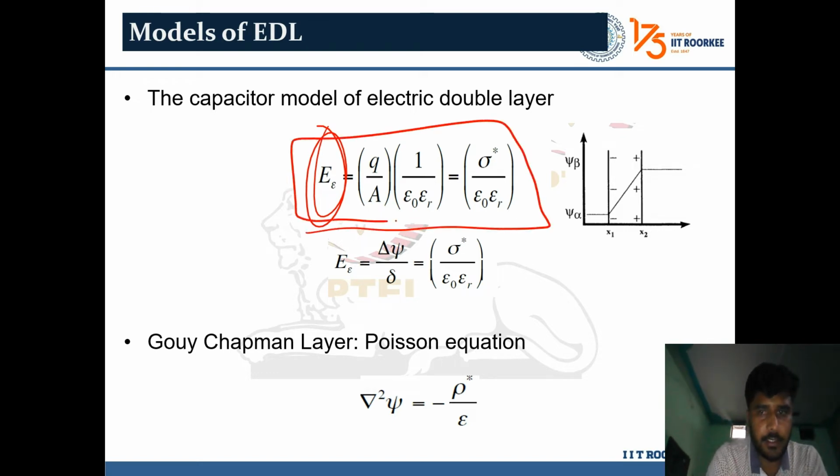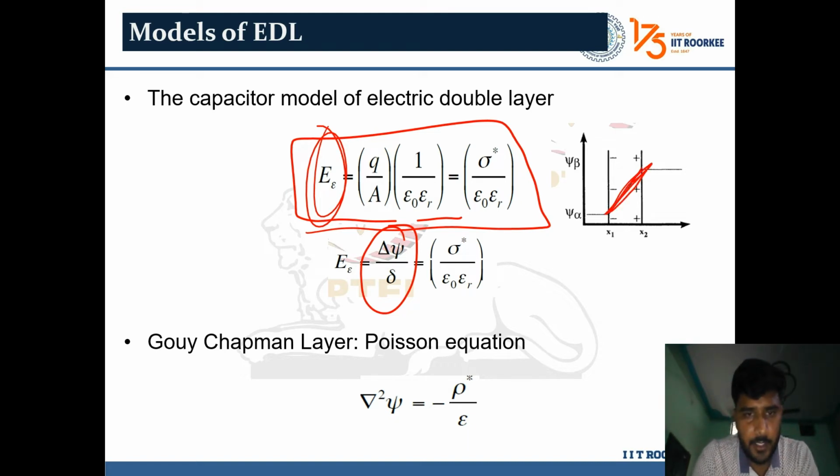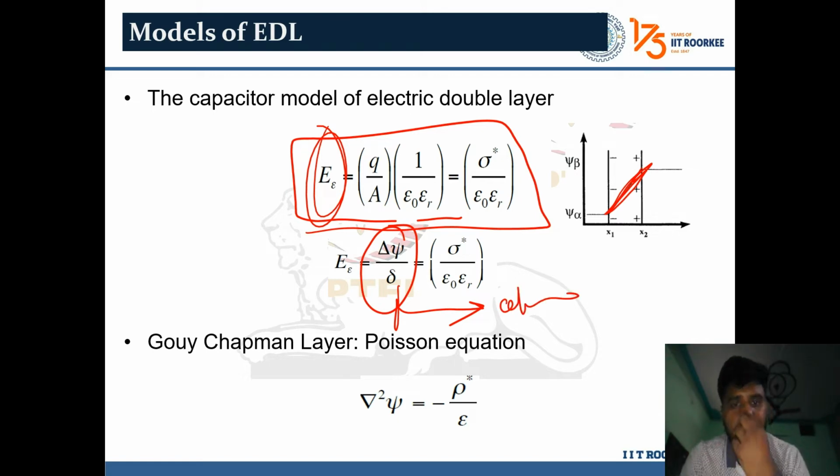Further expanding it, del psi is the potential drop, and delta is the electrical double layer thickness. So finally you will get this expression.